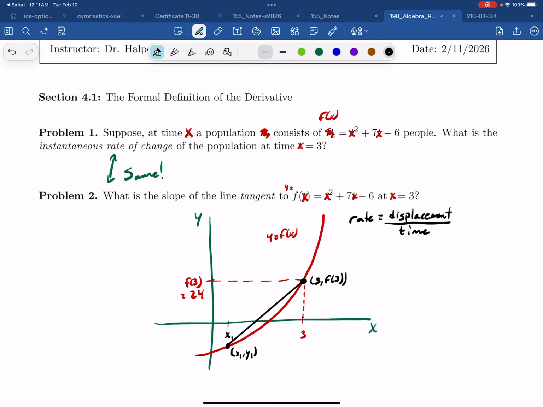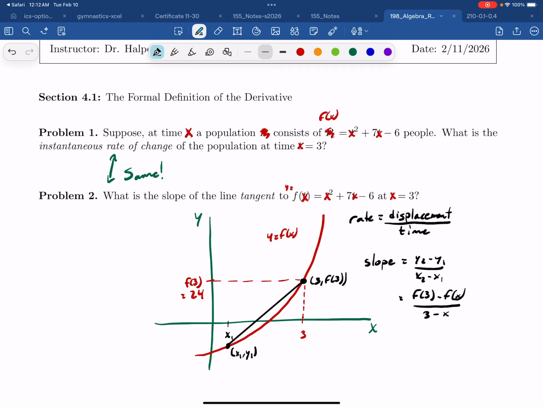The slope of that line, I'll just write it as slope. Remember that equals y2 minus y1 over x2 minus x1. We should remember that. In this case, it's f of 3 minus f of x all over 3 minus x.